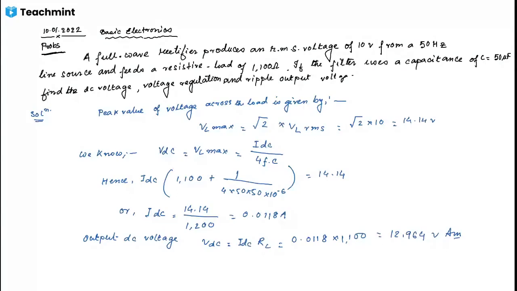Next is ripple voltage, represented by VR, that is equal to IDC by 2 into F into C, that is 0.0118 by 2 into 50 into 50 into 10 to the power minus 6.